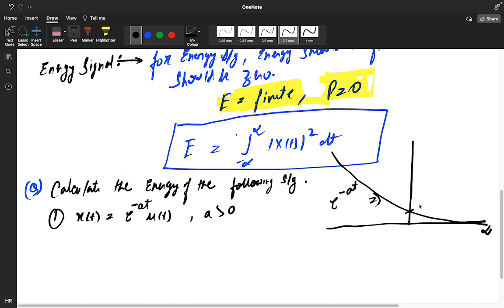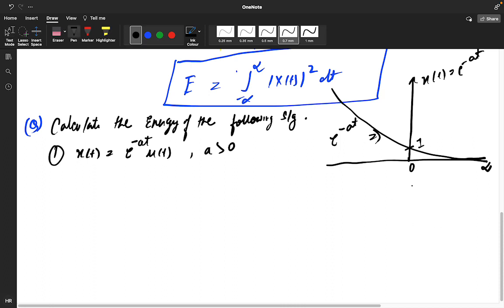This is your 1 value at 0. But this is the graph of e power minus at, and it is written e power minus at into u of t. So x of t equals e power minus at u of t means you are giving the signal from 0 only.